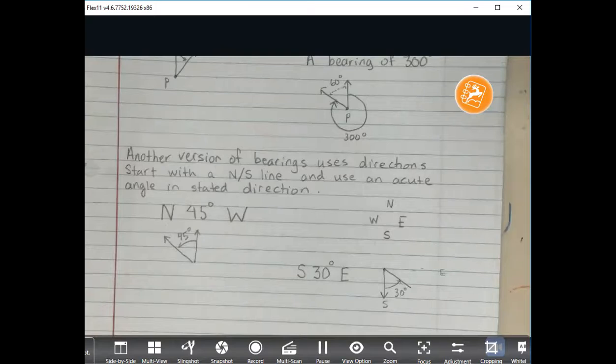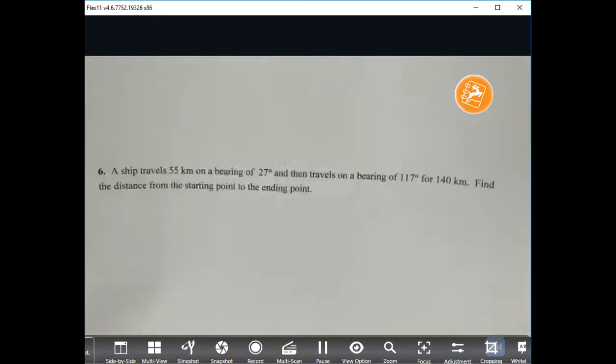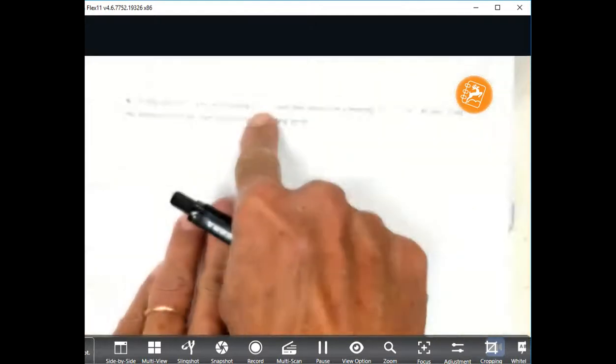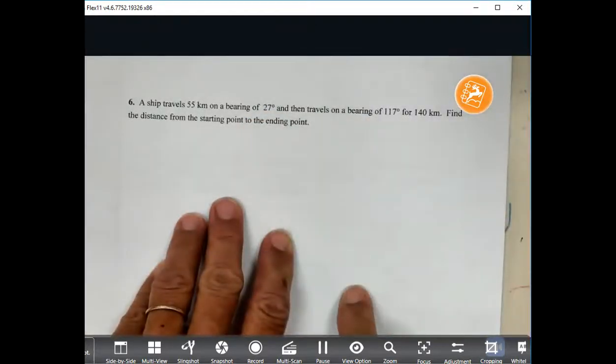Find it, find it. There it is. We did that one. That's not a bearing. That's a bearing. So that one. That's the one we want. Number 7. I'll do it on this sheet. Nope, I'm gonna do it on that sheet.